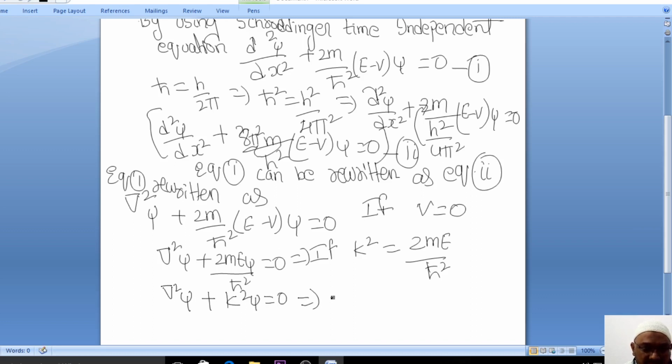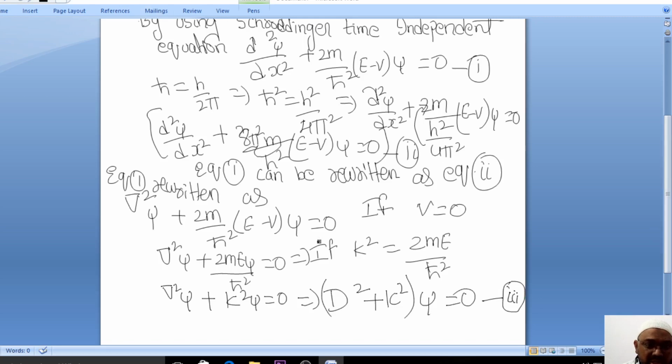This can also be written in mathematics as d square plus k square, into psi, equal to 0. This is equation number 3. We'll just keep this equation number 3.